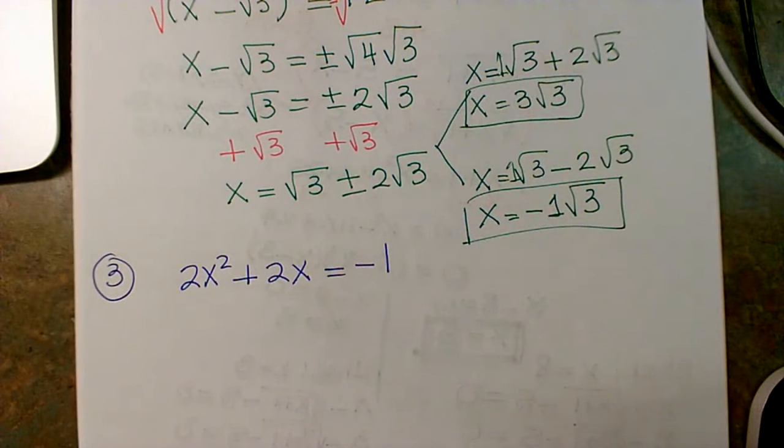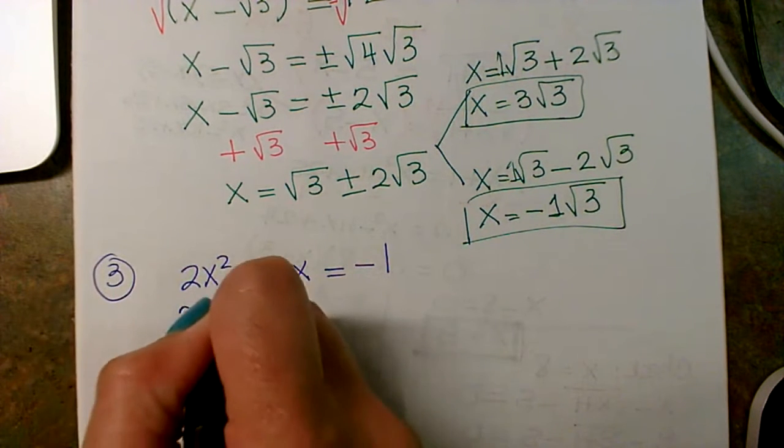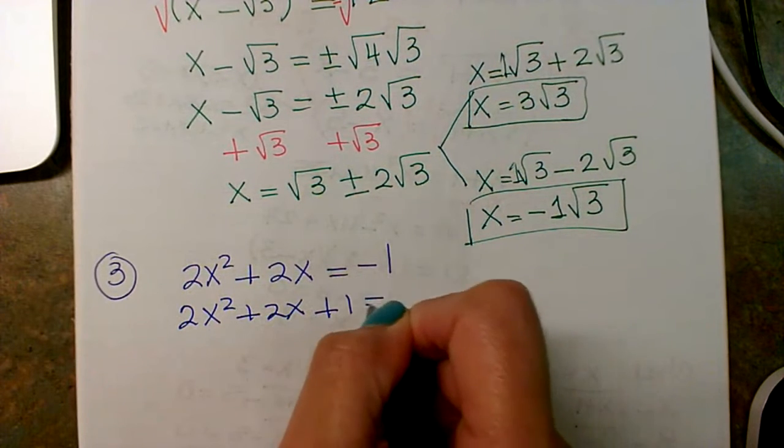What do I do? I just move it, right? So I'm going to add 1 on both sides. I get plus 1.